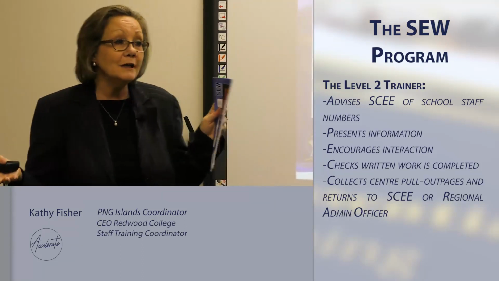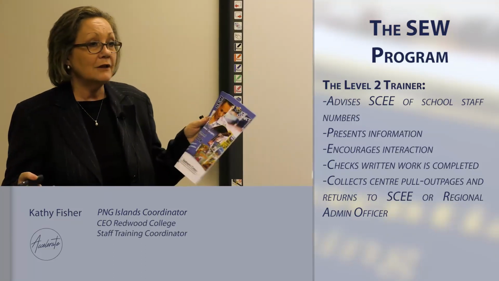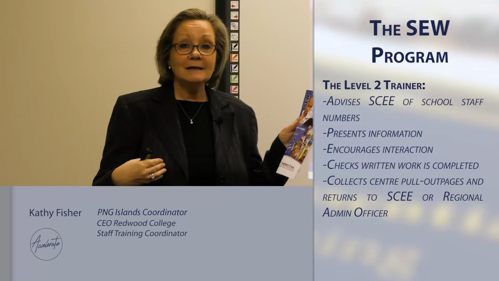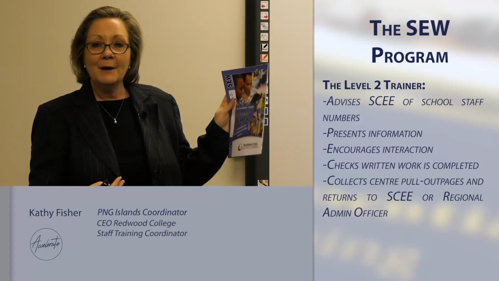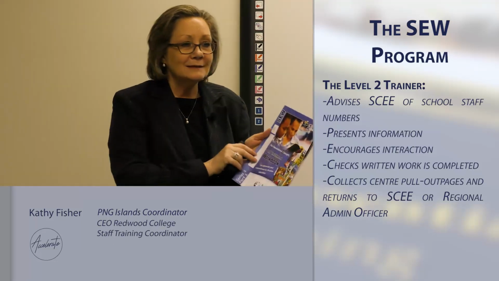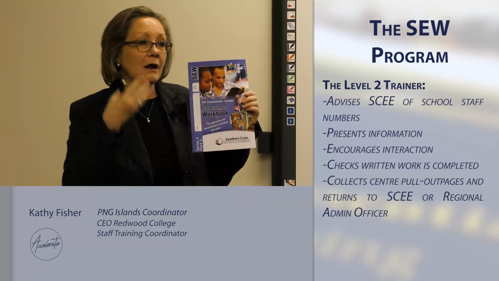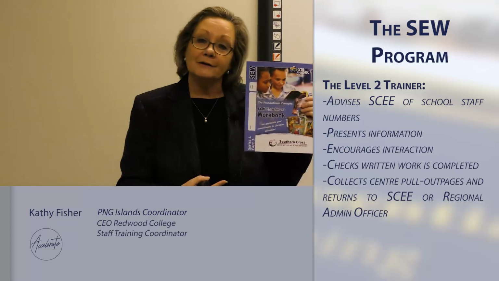At a staff meeting once a week, you should all get together and have a chat. I'm the CEO of Redwood College, which is our ACE school here. We do this every Tuesday morning before school. We sit together, we go through the topics, somebody reads all the text out, and then we talk about it.